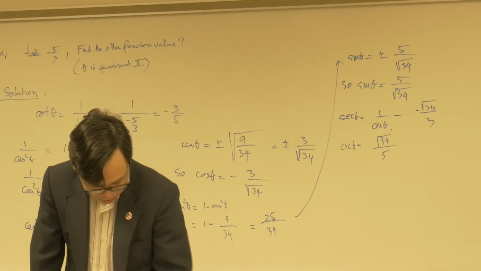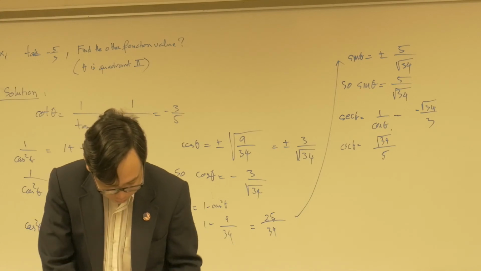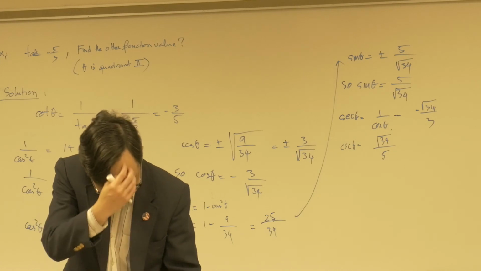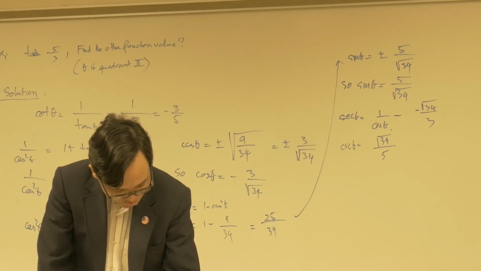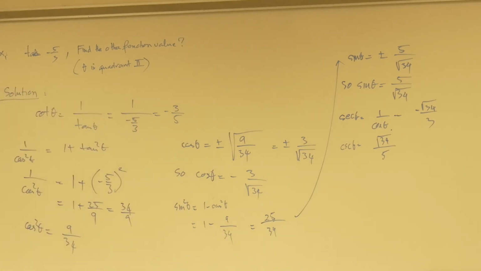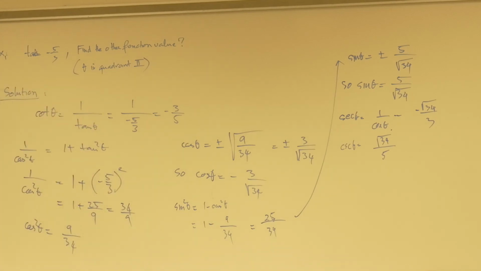I have a very interesting one. How about this? Simplify 1 over cosine squared minus 1. Now I simplify this.